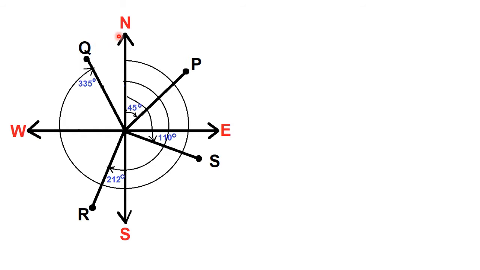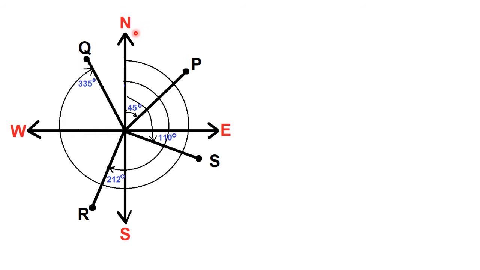One cycle of the unit circle is 360 degrees. And that is also the same here. From north to east to south to west and back to north, one cycle is 360 degrees.